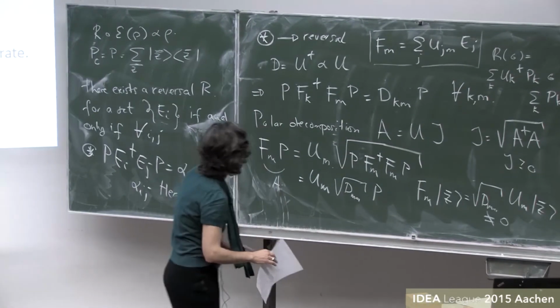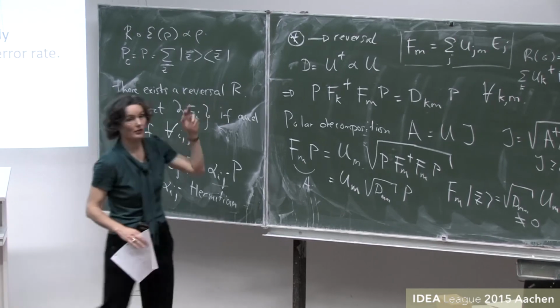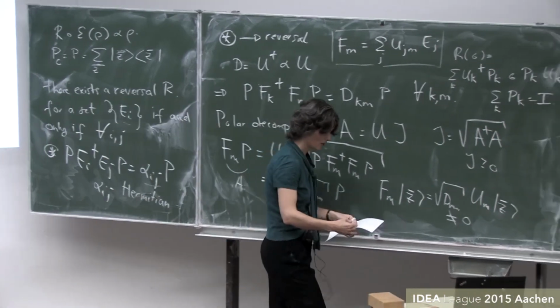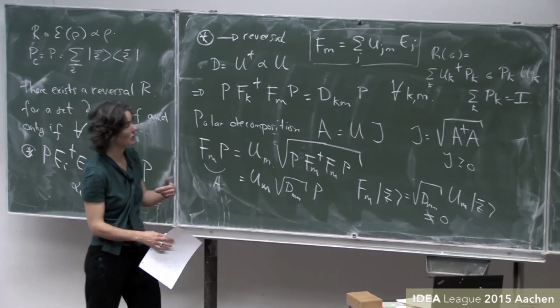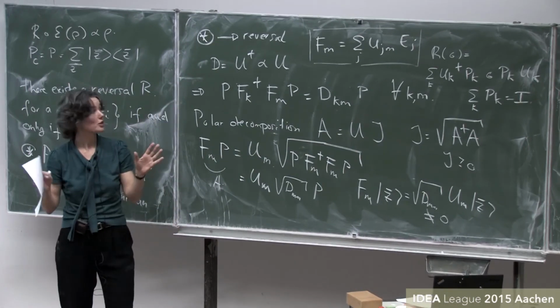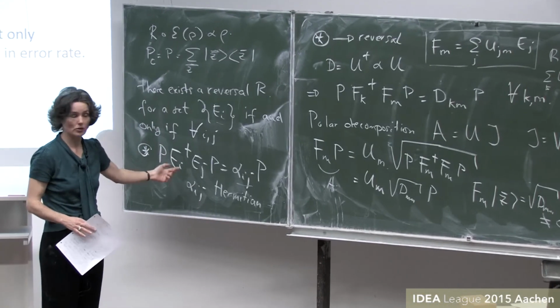Okay, so let me finish the other part. What I've shown now is that if this condition is obeyed, there is a reversal operator. And now, of course, I need to do the opposite. If there is a reversal operator, some kind of trace preserving superoperator, I need to show that this condition needs to hold.